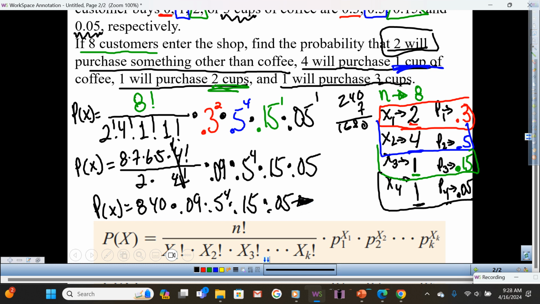Calculators calculate. Looks like Lenny's got it. Very good, Lenny.